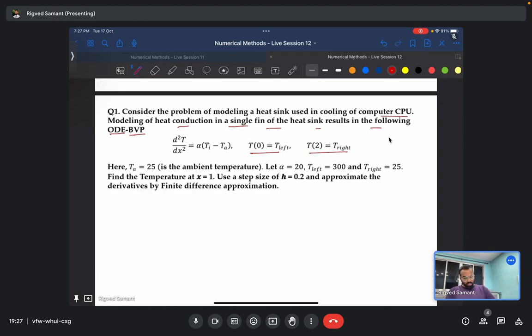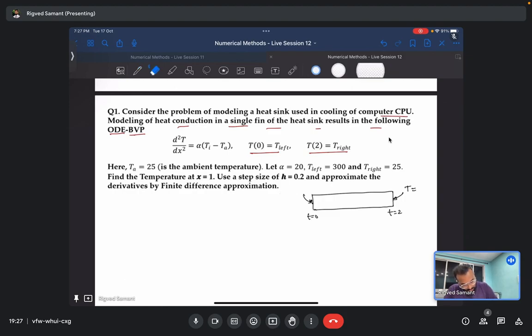I had forgotten to give you the diagram. The diagram goes as this. This is t equal to 0 and this is t equal to 2. You are given capital T here, that is the temperature at 0, and capital T at the end, that is T left.